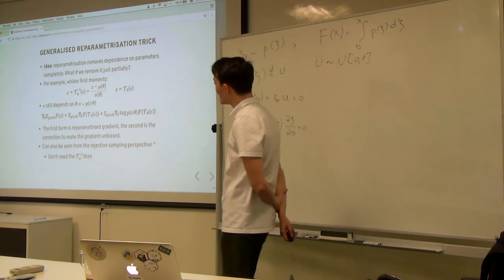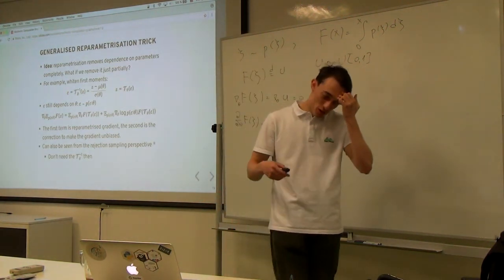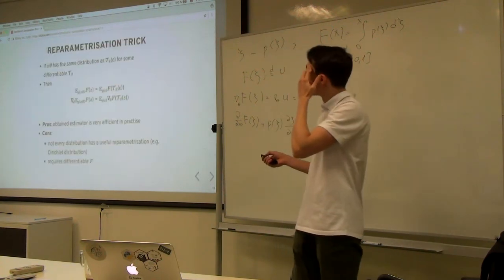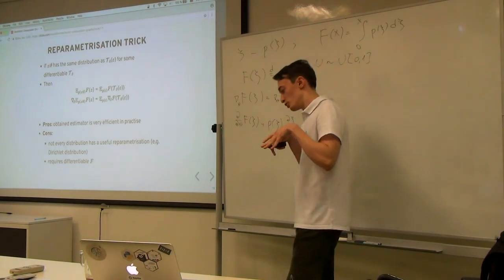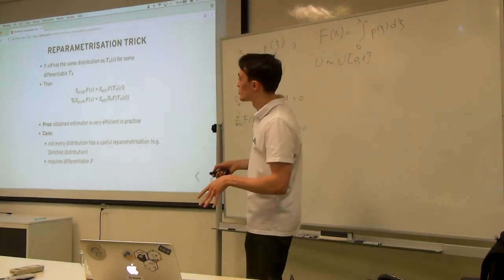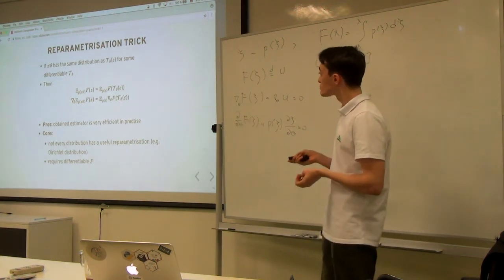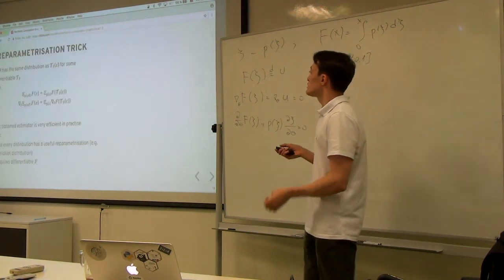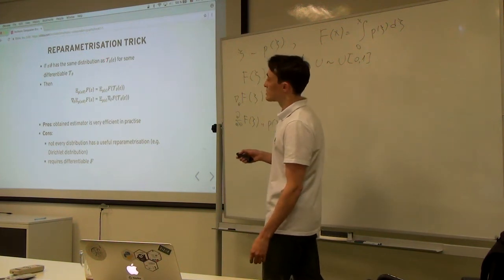Right. And the idea is the following. Okay, so we cannot come up with some random variable epsilon that you can map onto the random variable that you're interested in. But suppose that t is invertible.